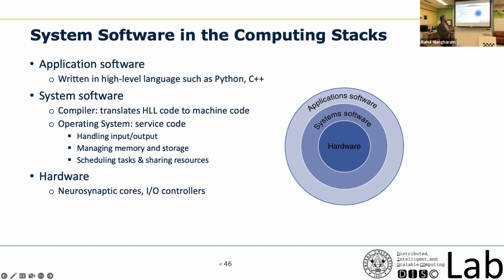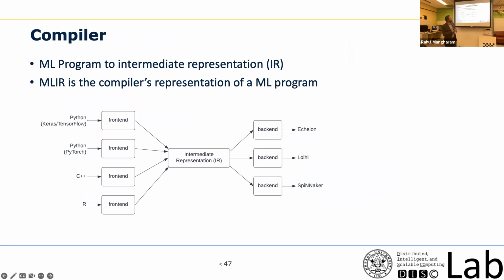Same in neuromorphic hardware, except no one works on system software. We are probably one of the few groups that works on system software, which interfaces between the application and the hardware. That's the hardware-software interface. So you have an application, how do you map that application onto the hardware? We have used typically a compiler.